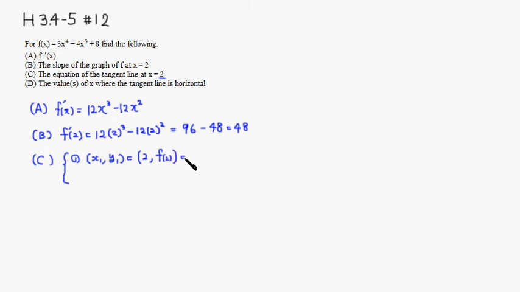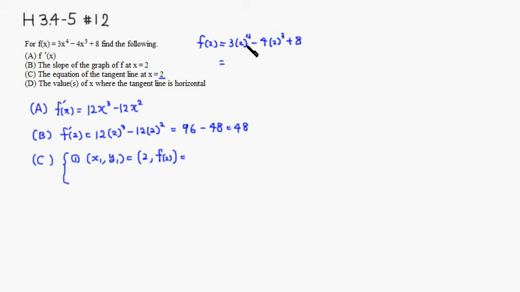What's f of 2? So I'm going to do it up here. This is going to be 3 times 2 to the fourth minus 4 times 2 cubed plus 8.